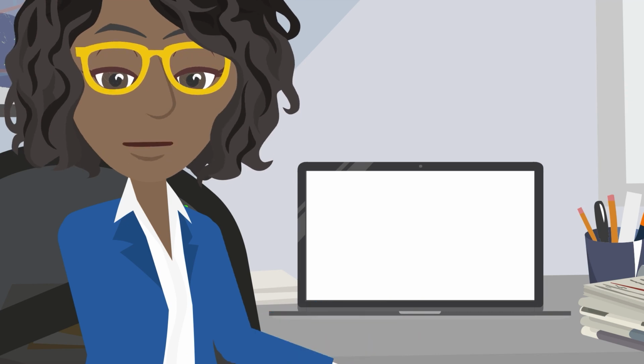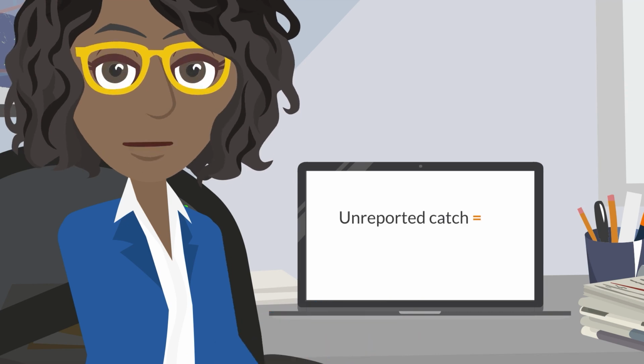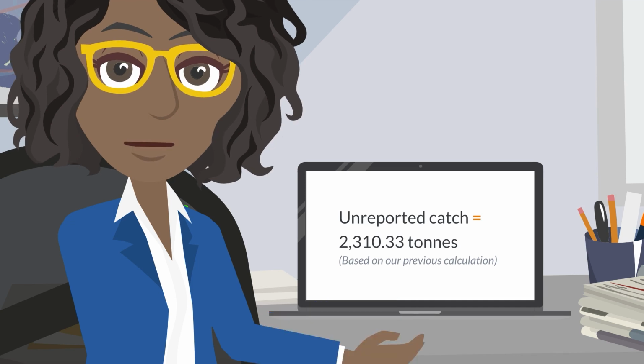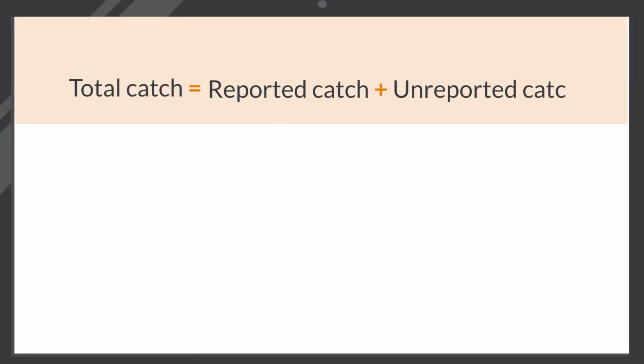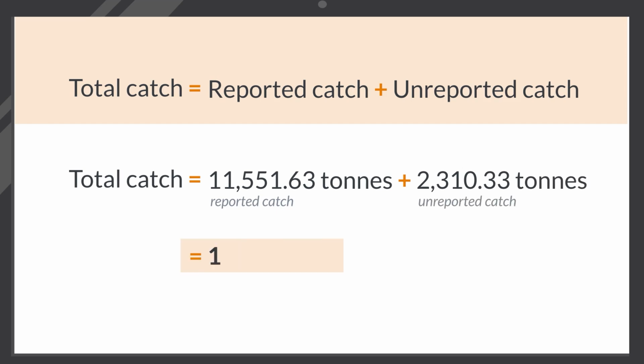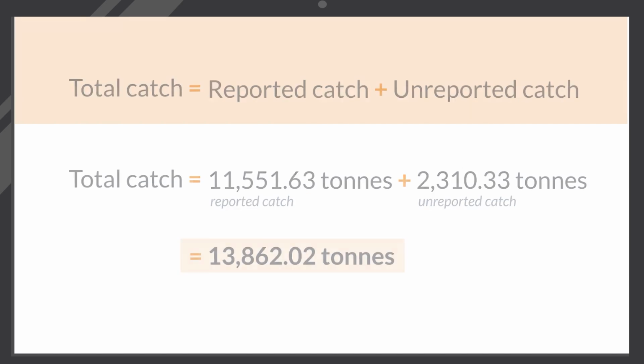Based on our previous calculation, the unreported shrimp catch is 2,310.33 tons. If total catch equals reported catch plus unreported catch, this means that total catch is the sum of 11,551.63 tons plus 2,310.33 tons, that is 13,862.02 tons.